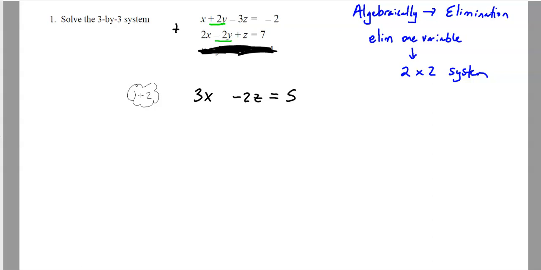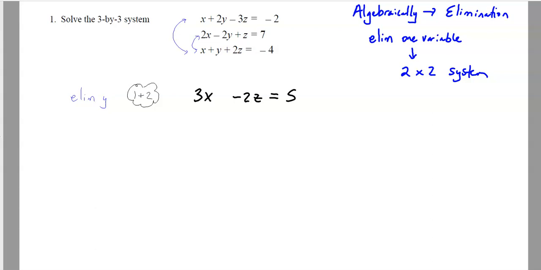Now, since I eliminated y, that's my strategy. I'm going to eliminate y. I now need to get another 2 by 2 with no y in it. So I'm going to go back to the original, and I've already used 1 and 2 together. So my other options now are either 1 and 3 or 2 and 3. I'm going to peek at 1 with 3 or 2 with 3 and see how I can get rid of my y's.